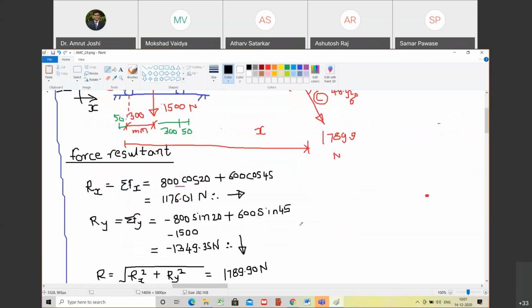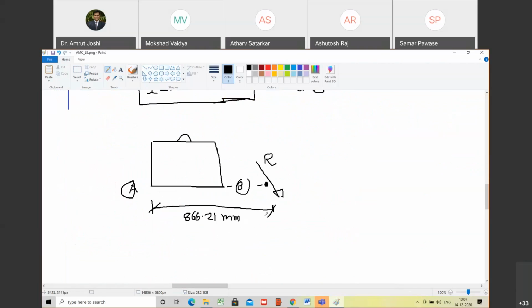Now I want to draw your attention to one more point. Is this the only point where if I put the resultant, you are going to have moment resultant vanishing? Or in other words, is this the only point where only force resultant of the system prevails and no moment resultant? The answer is no. Why?